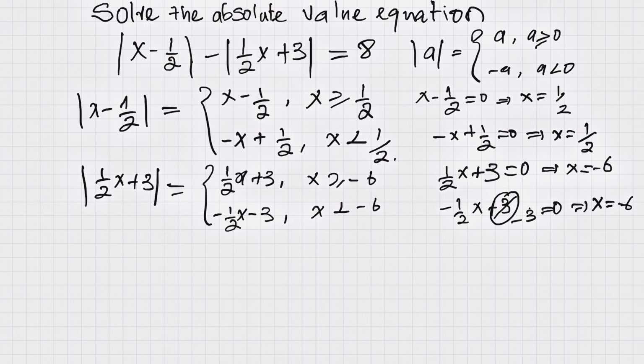If I draw a number line here, we have two boundary points, which are half and negative 6. So let's put negative 6 over here and half over here. And we see that it is open and closed.